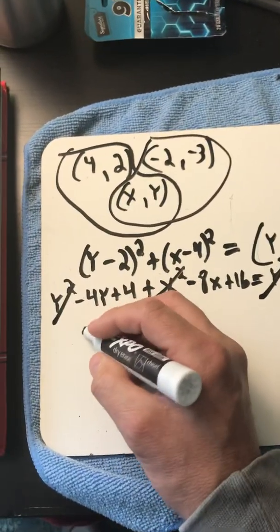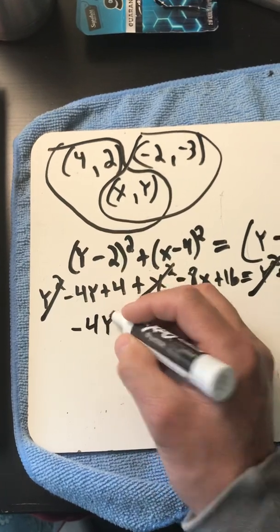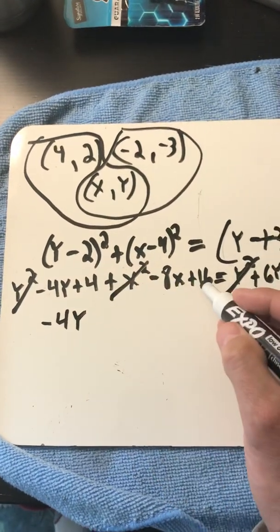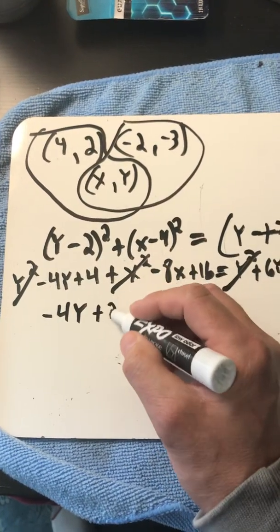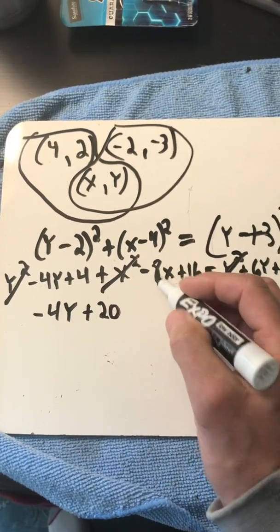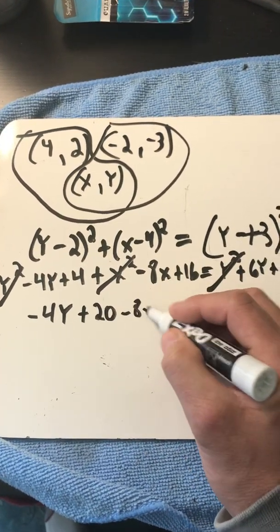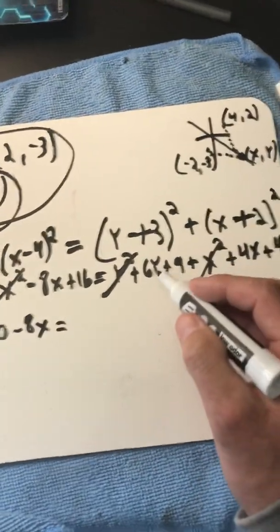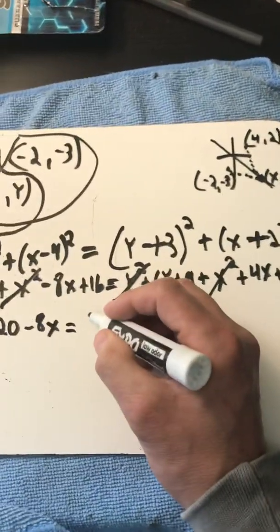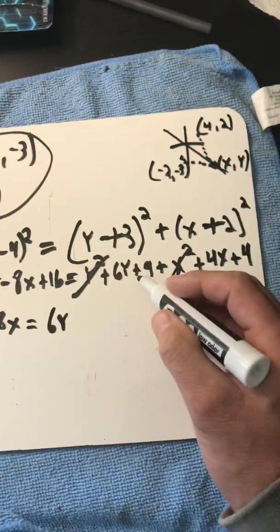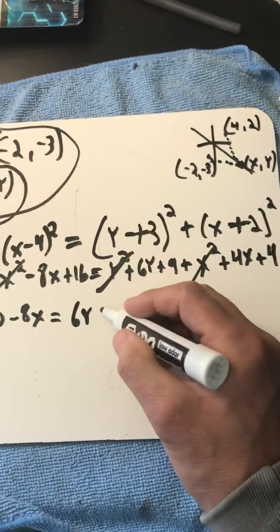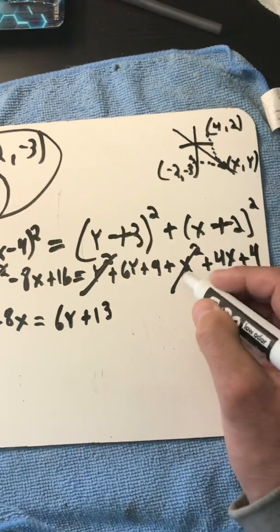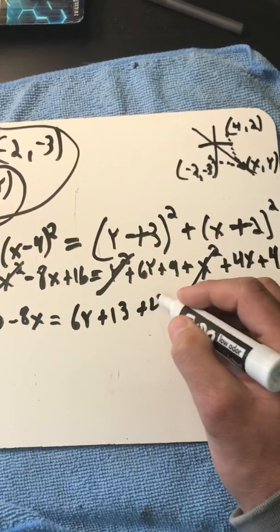That'll leave you on this side with negative 4y, and then 4 plus 16 is 20, right? And then negative 8x equals, let's simplify this side, 6y, 9 plus 4 is 13, and then plus 4x.